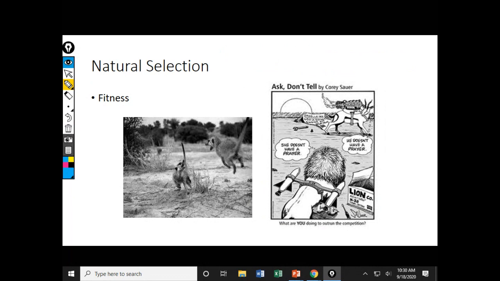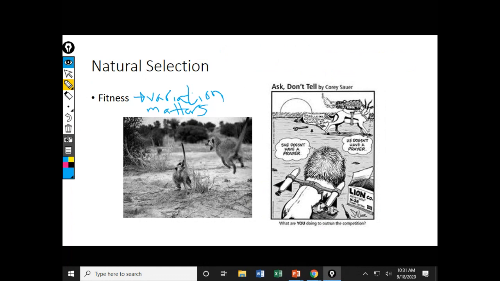Okay, lastly, is this idea of fitness. This is a big word that breaks down relatively simply. It basically means that whatever variation we have, that variation needs to matter. And it matters very specifically towards some sort of competition or survival concept, right?